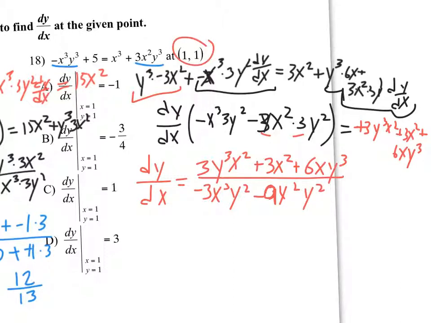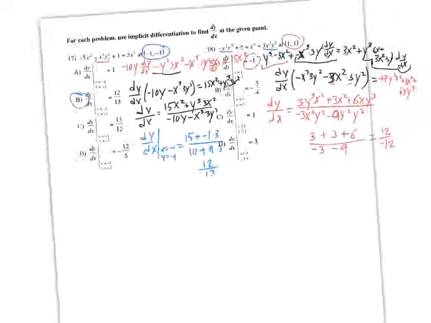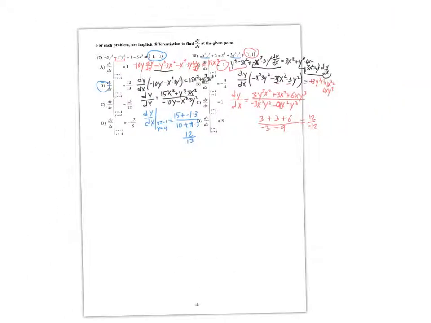And we're plugging in the point (1, 1), so we get 3 plus 3 plus 6 over negative 3 minus 9, which is going to be 12 over negative 12, which is negative 1. And I guess that's it. The rest of these are the answers.